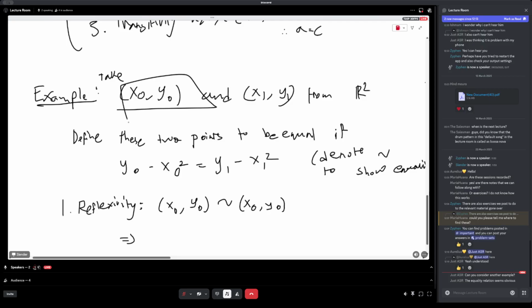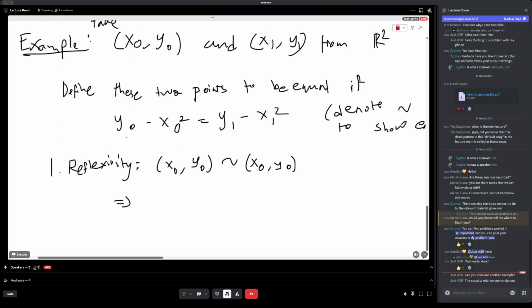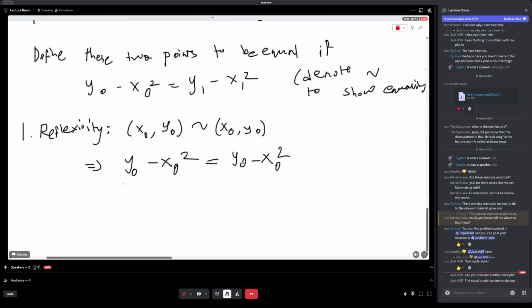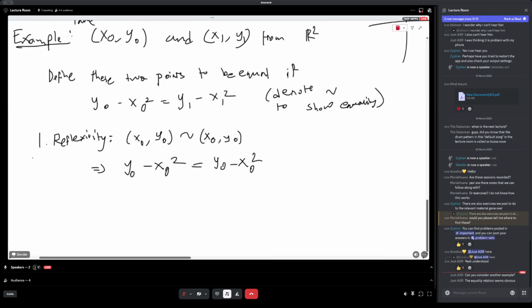We replace the x0 and x1 altogether. Firstly we already have this one by substituting the values, and for the second point, it is the same point we have here. So you can just write the same thing. It seems it already satisfies reflexivity.